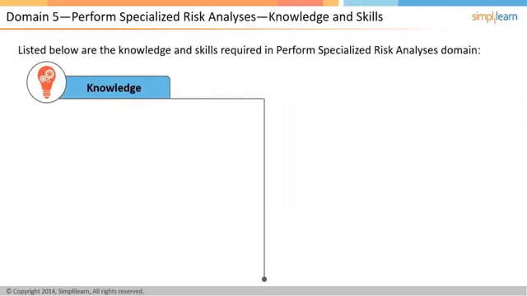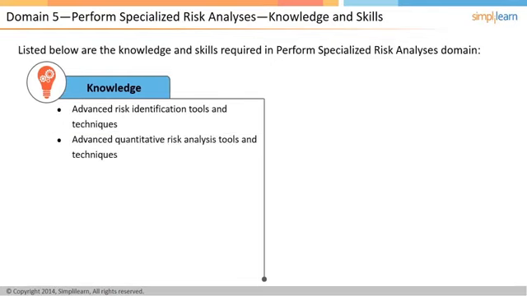tasks. The knowledge required includes advanced tools and techniques used for risk identification, quantitative risk analysis, and identifying and analyzing the overall project risk. A few tools and techniques are Delphi, nominal group technique, Monte Carlo analysis, and risk-based analytical and critical chain analysis.